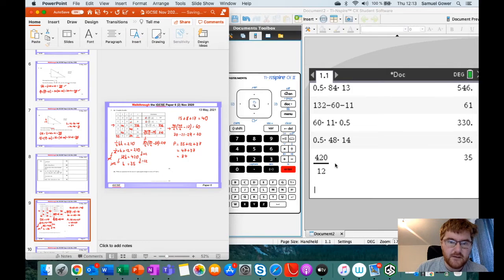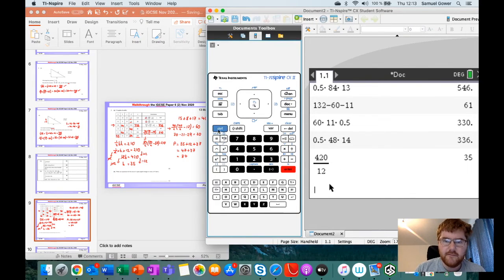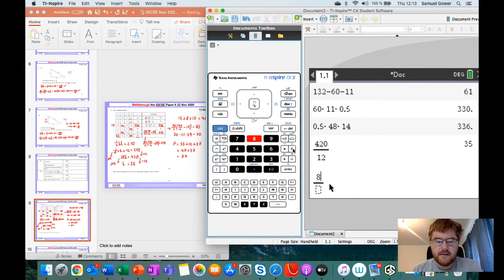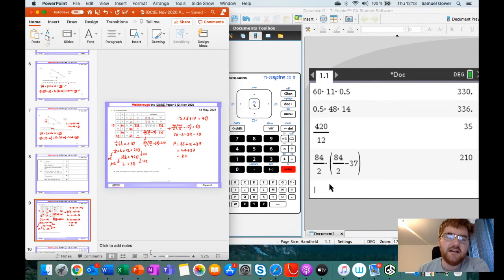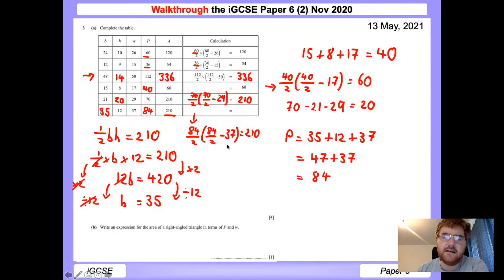This is exactly what I would do in the exam. So I have control fraction 84 divided by 2 times, open brackets, fraction again, close bracket, and I get 210. So I want to guarantee I'm getting every mark by just checking my calculations as we go.